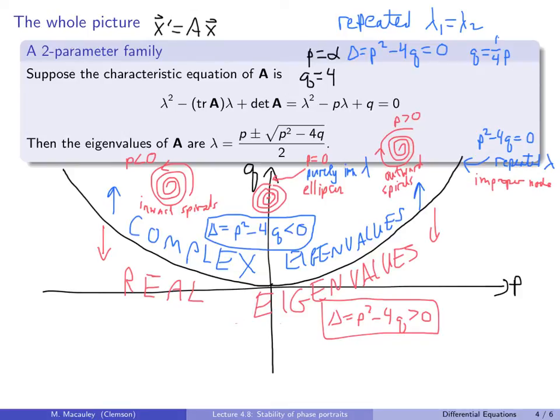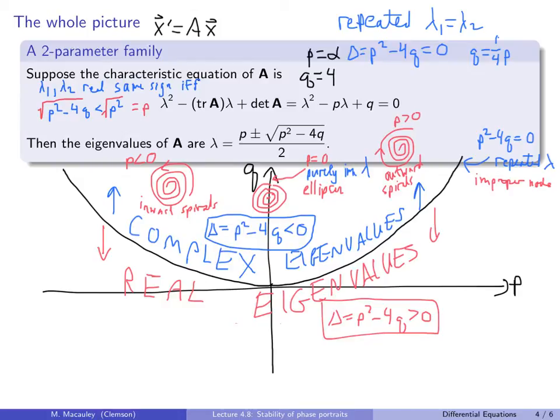Eigenvalues lambda 1 and lambda 2 that are real have the same sign if and only if p squared minus 4q is less than p squared. Because then the square root of that is going to be less than the square root of p squared, which is going to be p.